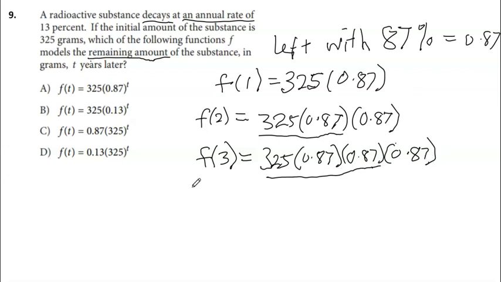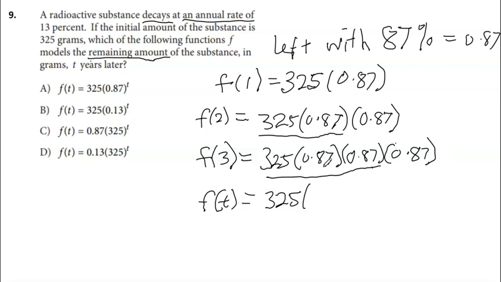So it shows us that the trend is, at the end of t years, we're going to have our original amount multiplied by 0.87 raised to the number of years that have gone by.